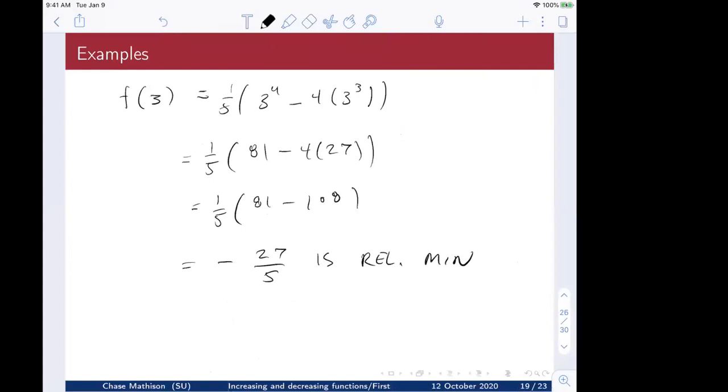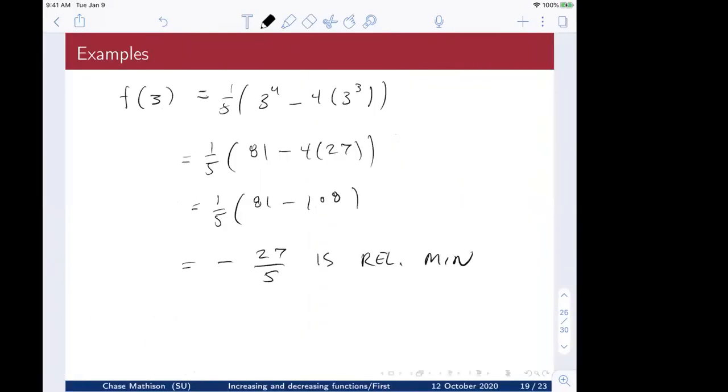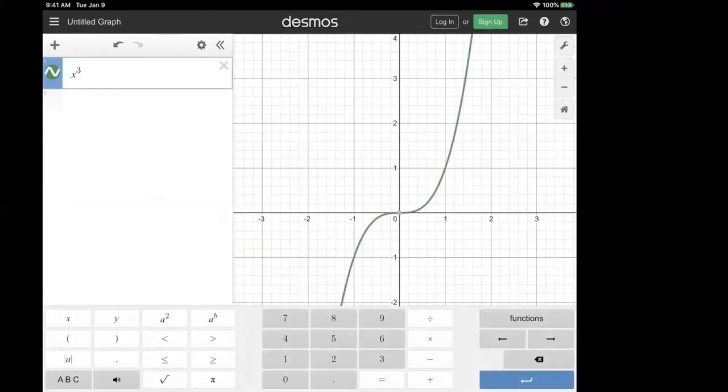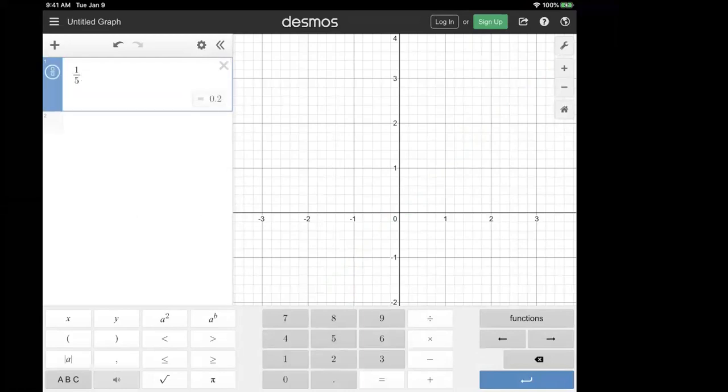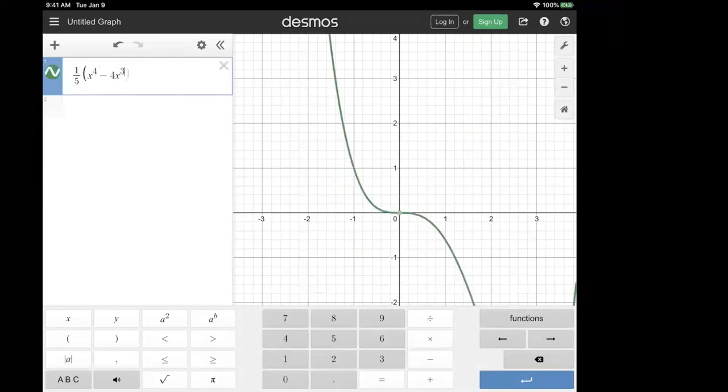So if I plot this function in Desmos to see what is happening with this function, well, this function is 1 divided by 5 times x to the 4th minus 4 times x to the 3rd.